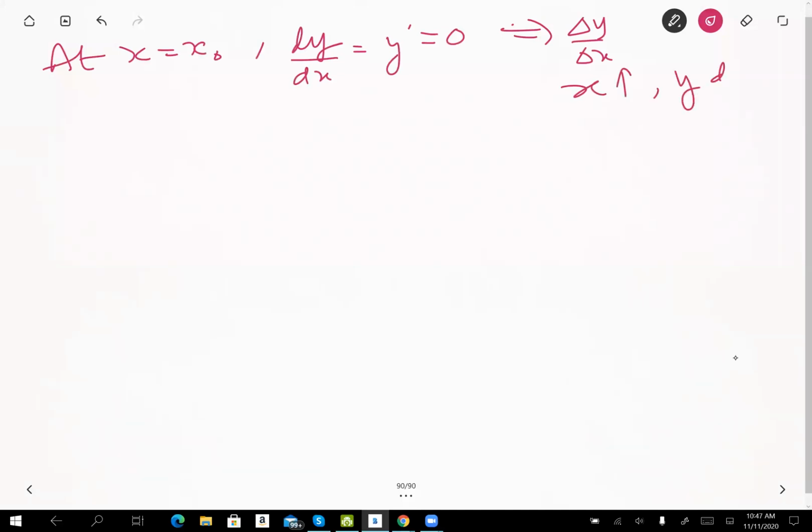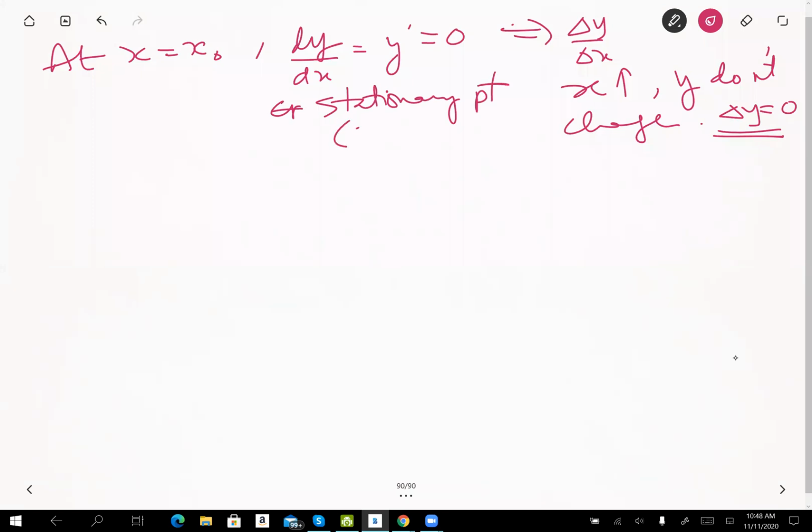Y does not change because the slope is 0. That means delta y is 0. We call that the stationary point. Of course, x0 will correspond to some point y0.